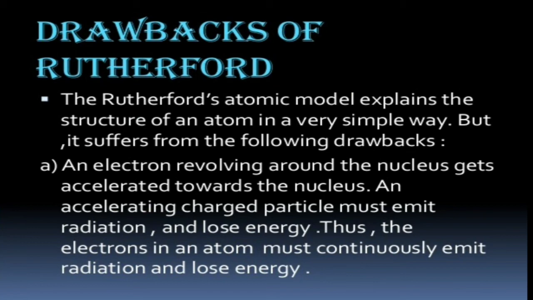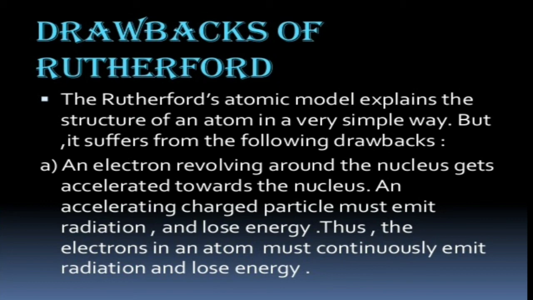When an electron revolves around the nucleus, it is having acceleration. So it becomes an accelerated electron, and according to Maxwell's theory, an accelerated charge should emit radiation.